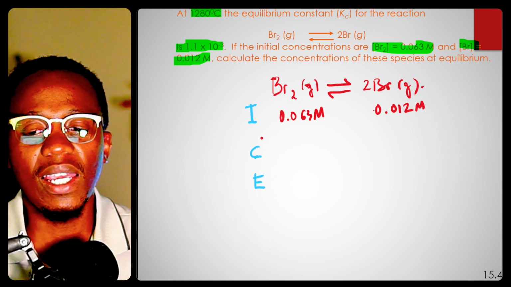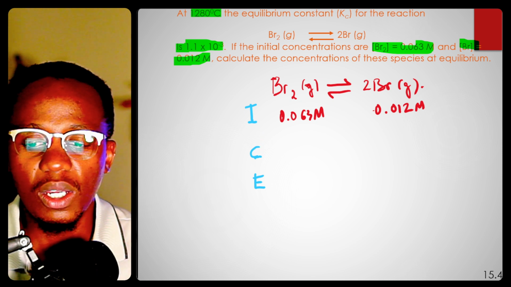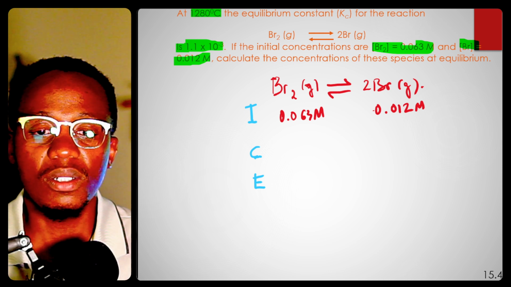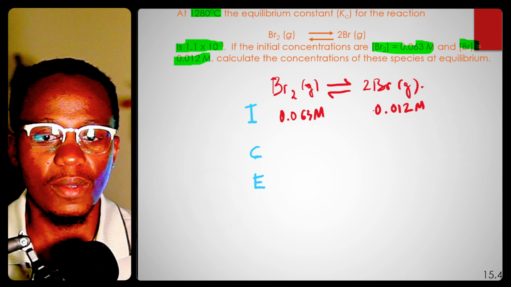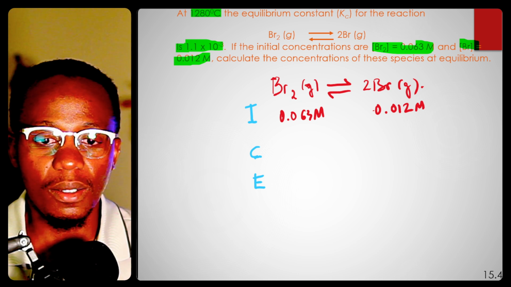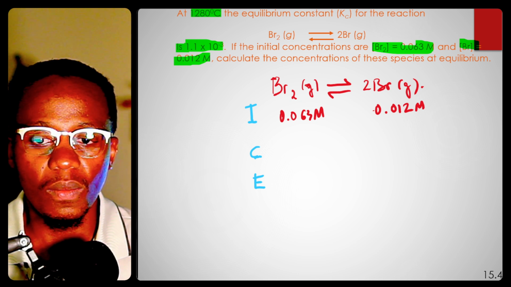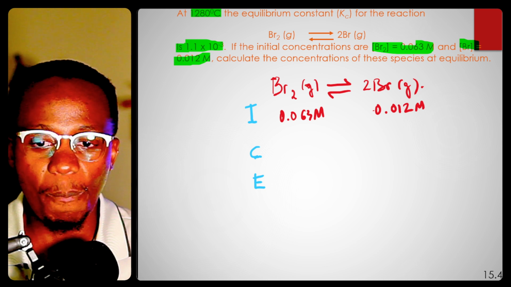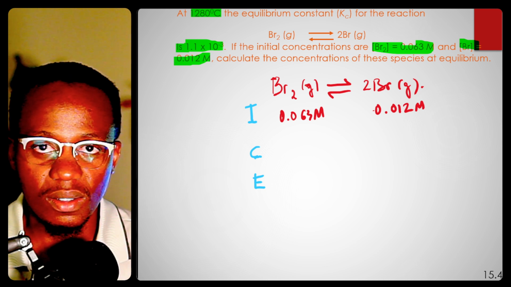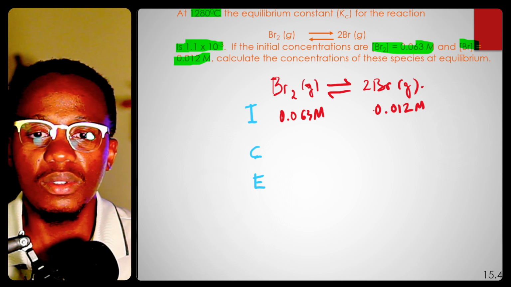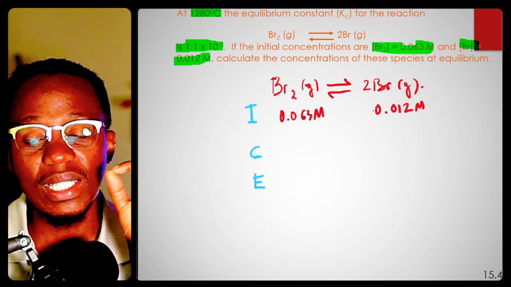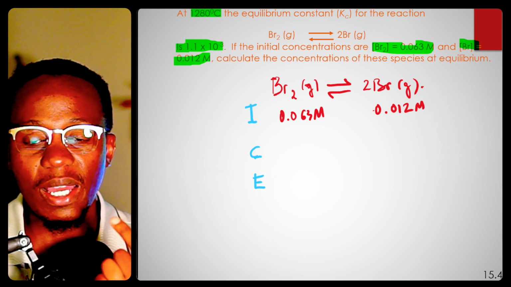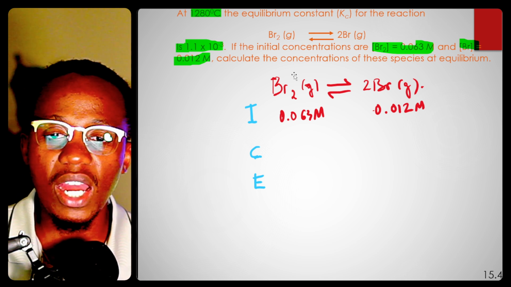And here's a crucial part in case you haven't noticed: the change in the disappearance of the reactant is equal to the change in the appearance of product. So these changes are the same.